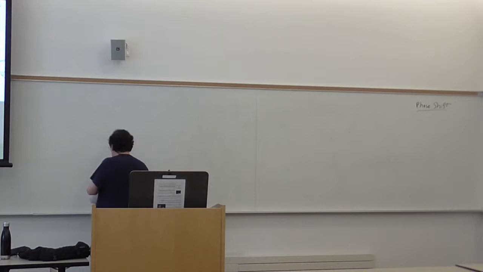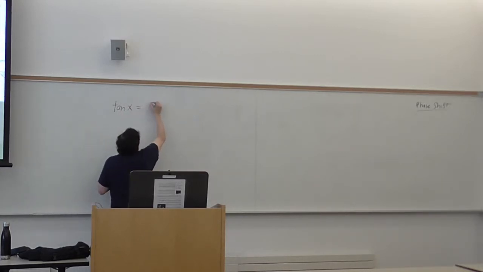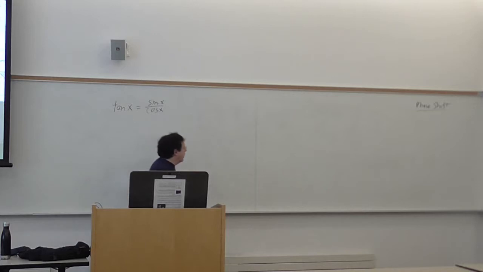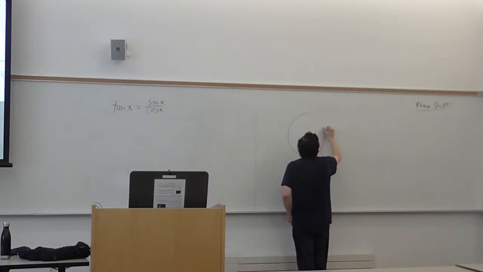We're going to start with the tangent function, which of course is the sine over the cosine. And I want to talk a little bit about this in terms of the unit circle for a minute.